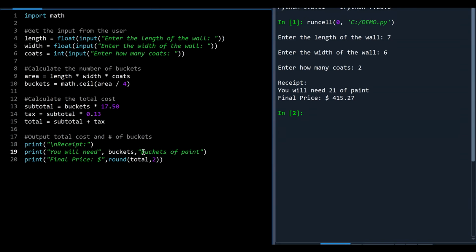It would cost $415 and 27 cents. So these are in meters actually, so that's a pretty big wall. A 7 meter by 6 meter wall would be pretty big. So that's why you need 21 cans of paint and $400 to make it work. But you could check those values on the calculator and see if it makes sense.